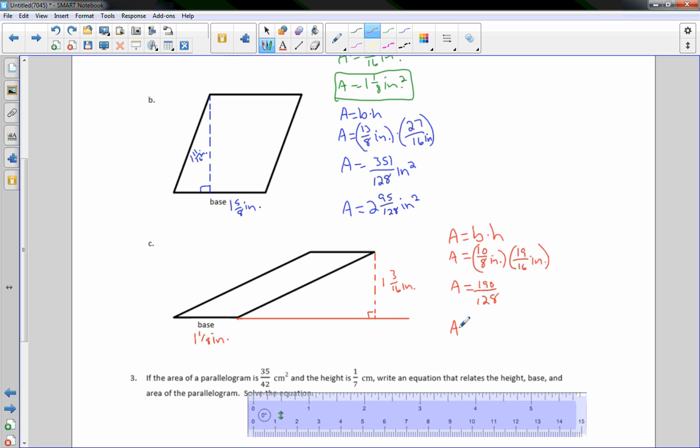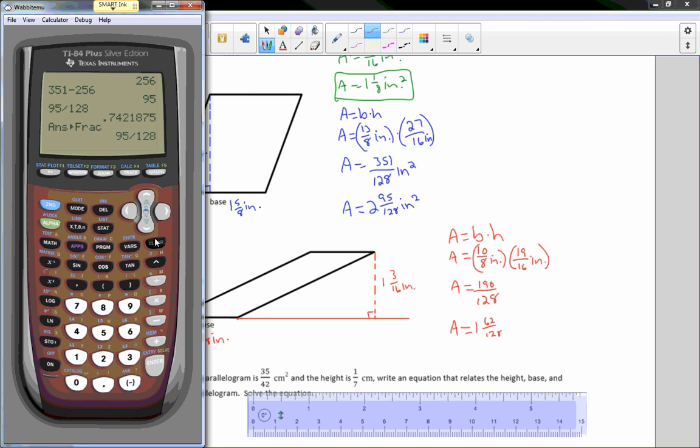So the area equals, well, 128 times 2 is 250 something, so it won't go twice, but it does go once. And 190 minus 128 is 62 over 128. Okay, so I'm going to reduce that. I'm going to show you that that's what that turns out to be. So 190 divided by 128 is 1.48375.